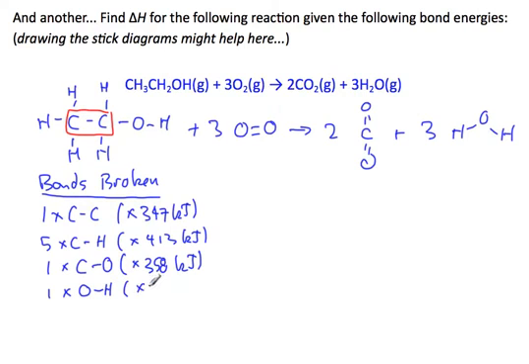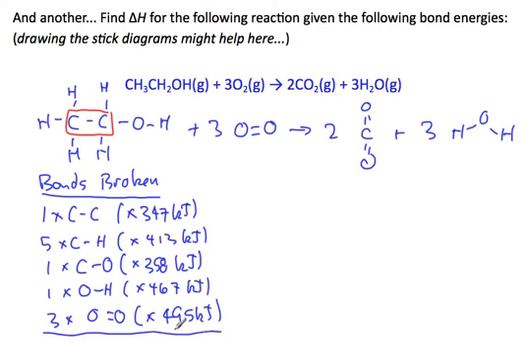That has a bond enthalpy of 467 kilojoules. And finally, I have 3 oxygen-oxygen double bonds, each with a bond enthalpy of 495 kilojoules. So that's the bonds broken. The sum of all of that is 4,722 kilojoules.